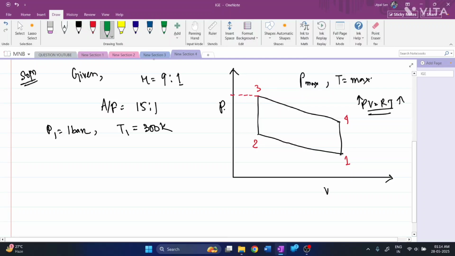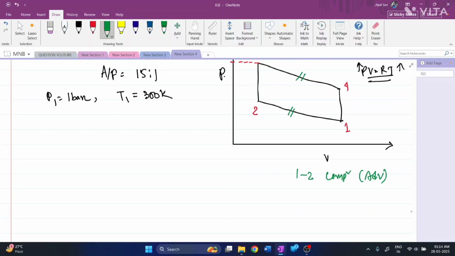Given these two lines, 1 to 2 is adiabatic compression and 3 to 4 is adiabatic expansion.